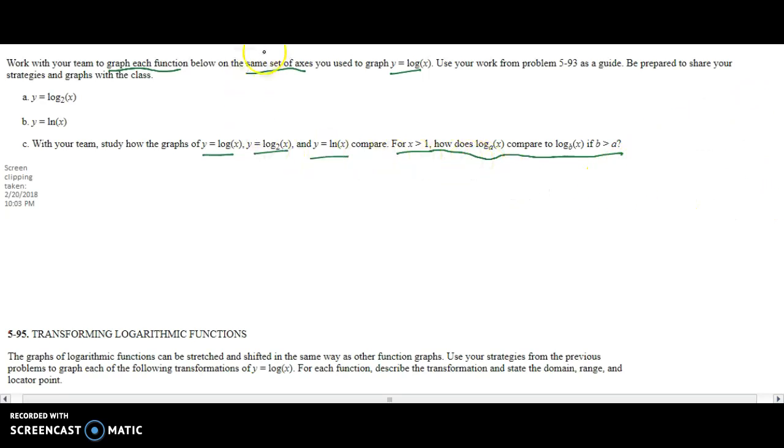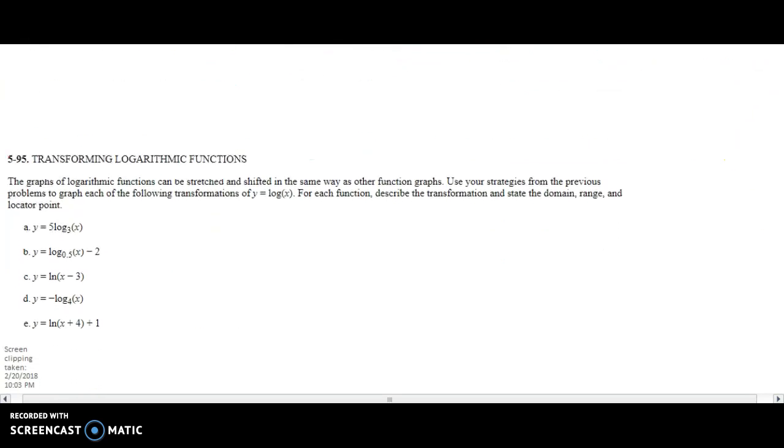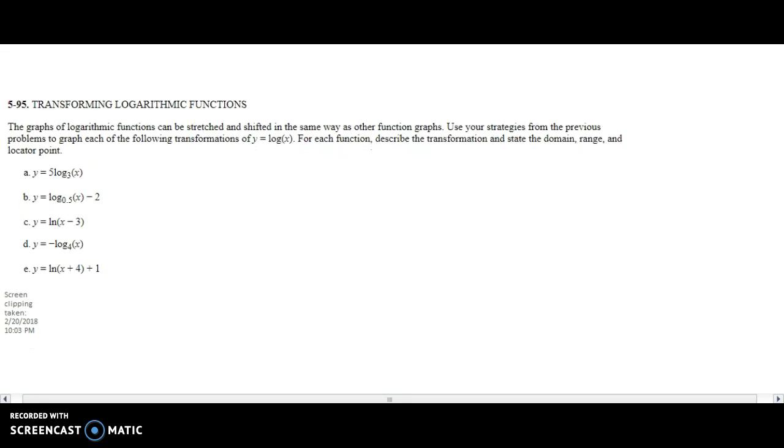So in other words, as your base increases, what's going on with your graph? What's happening? Do you see any type of trend happening there?